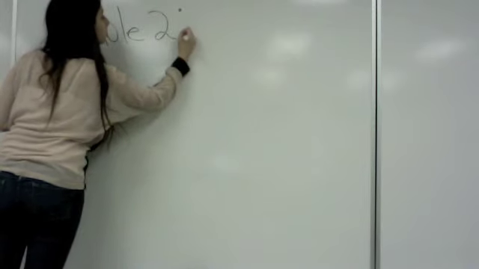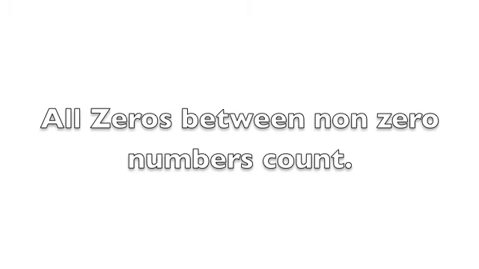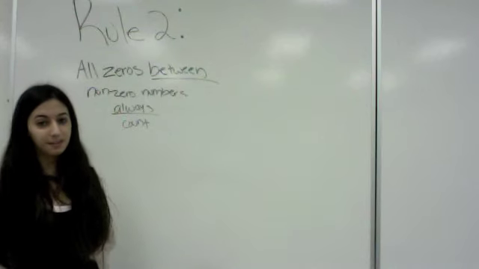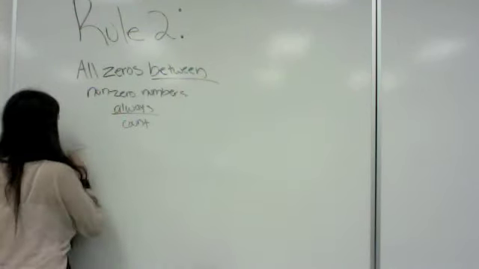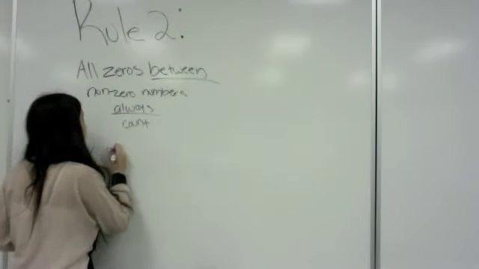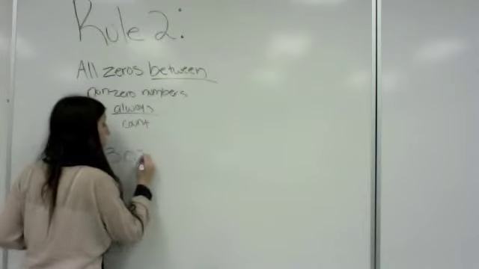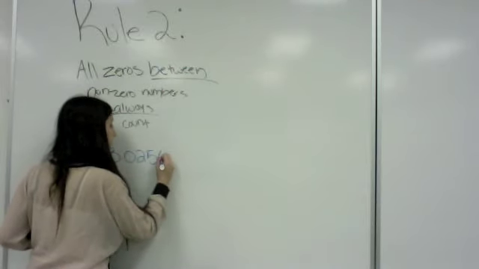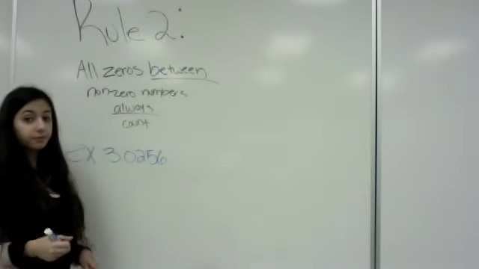Rule number 2. Now let's do an example. Let's say we have 3.025, which has 5 sig figs.